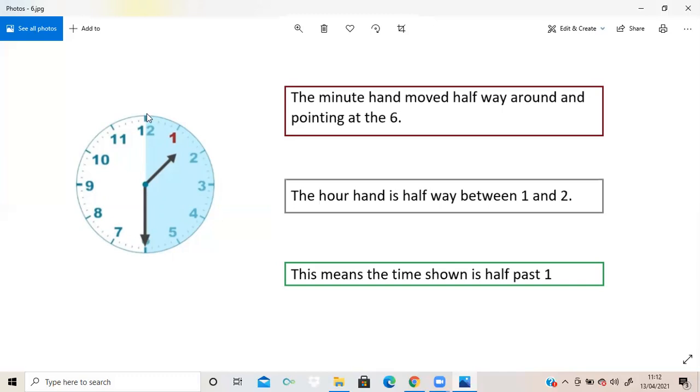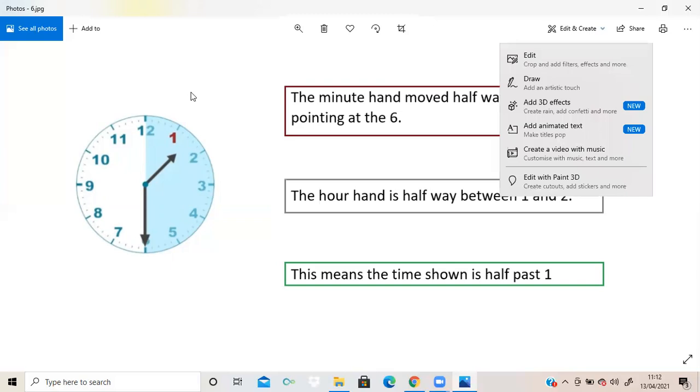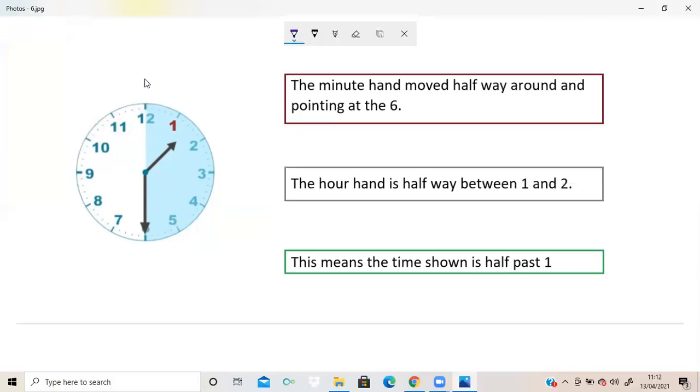The minute hand starts its journey from 12, moves halfway around and points at 6.